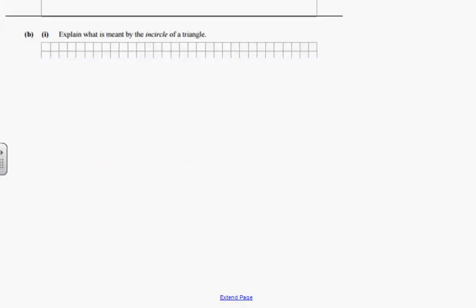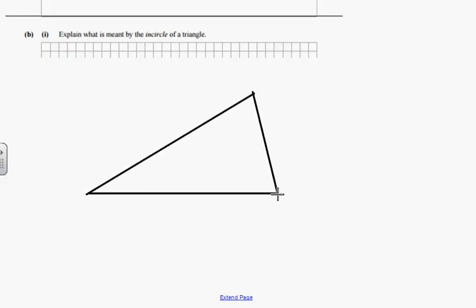So it's the result of when you have a triangle, it's the circle that exists within a triangle such that each side of the triangle hits the circle in one position only. Okay, so each side of the triangle is a tangent to the circle. That is the incircle of a triangle.